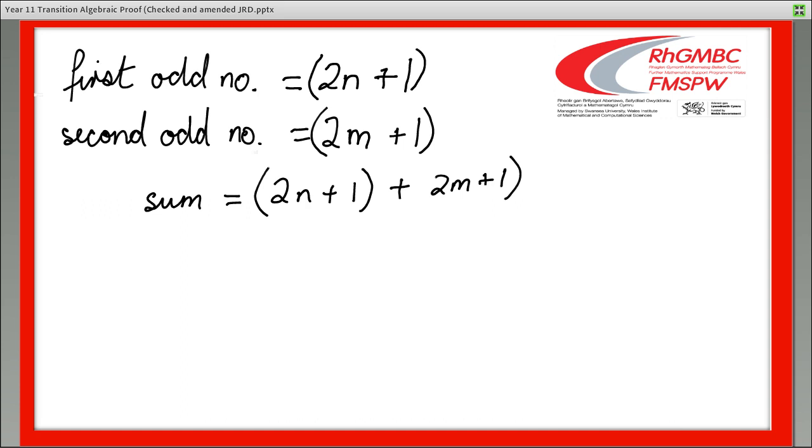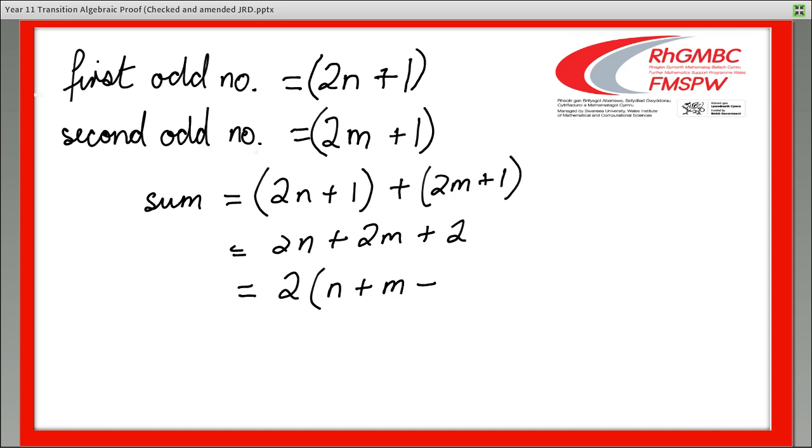Now, remove the brackets and add will give me 2n plus 2m plus 2. Take out a common factor of 2, twice brackets n plus m plus 1, and what we'll have there is we have this common factor of 2 outside.